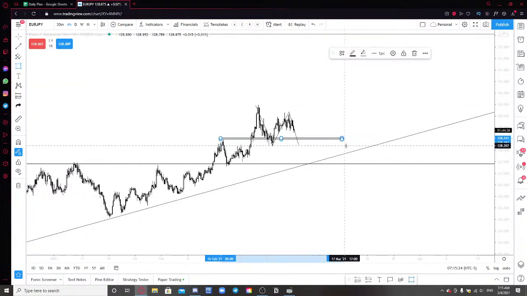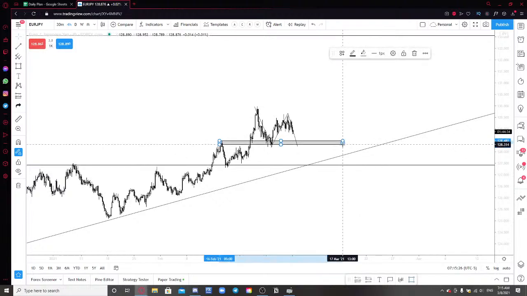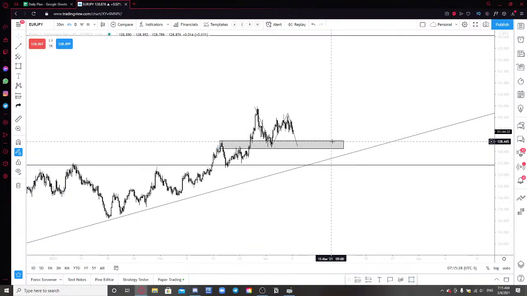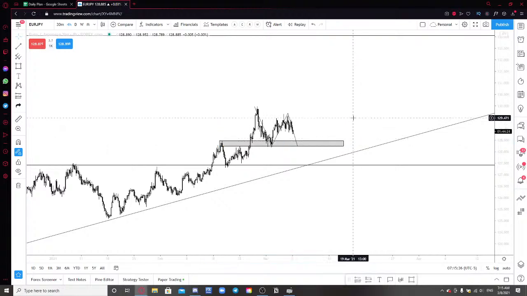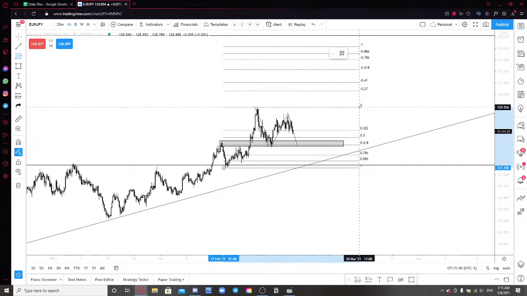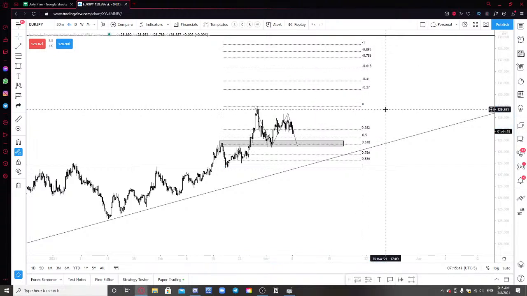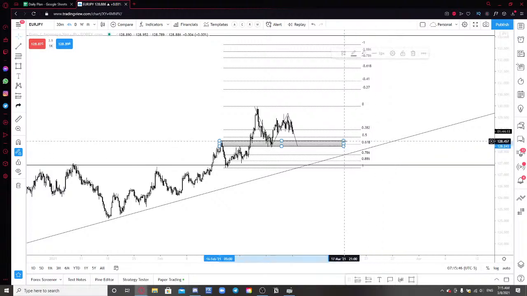We have the triangle, and we have, as it goes lower, this area, which is about, what price level is this at? 128, 128.48. Alright, and that's about the 61.8 level, so it's a very strong area, so definitely be looking to buy there.